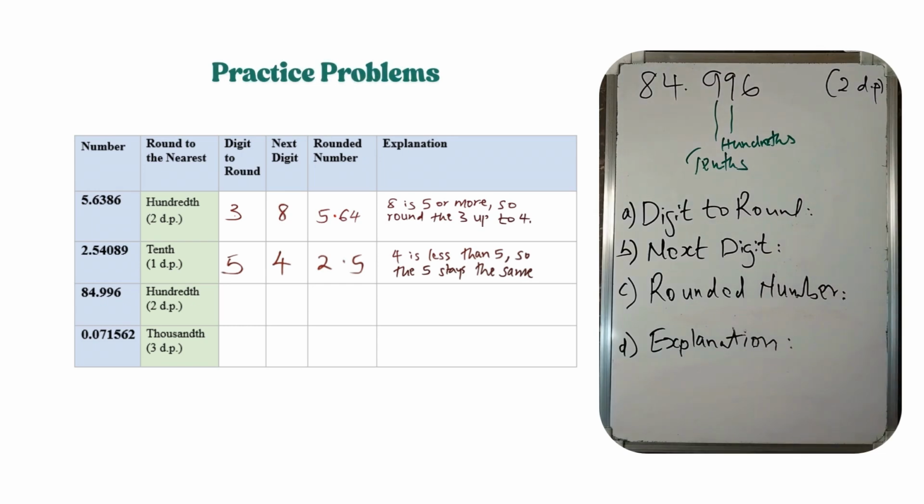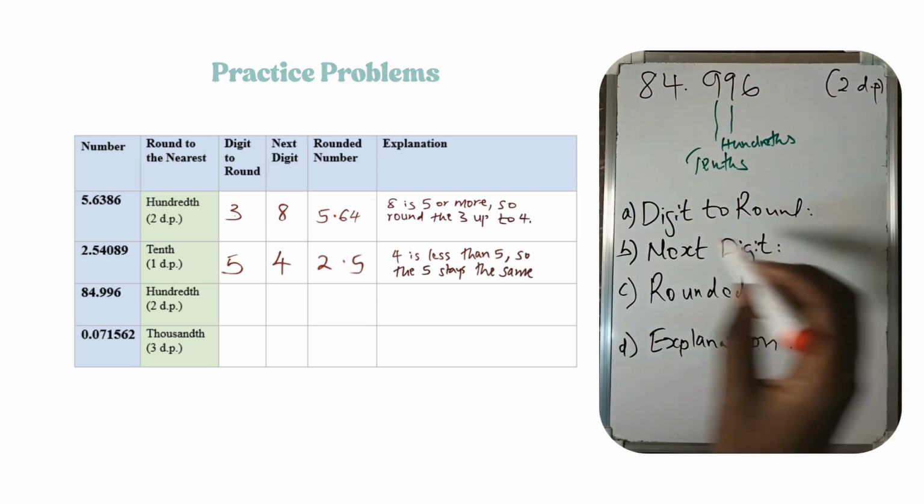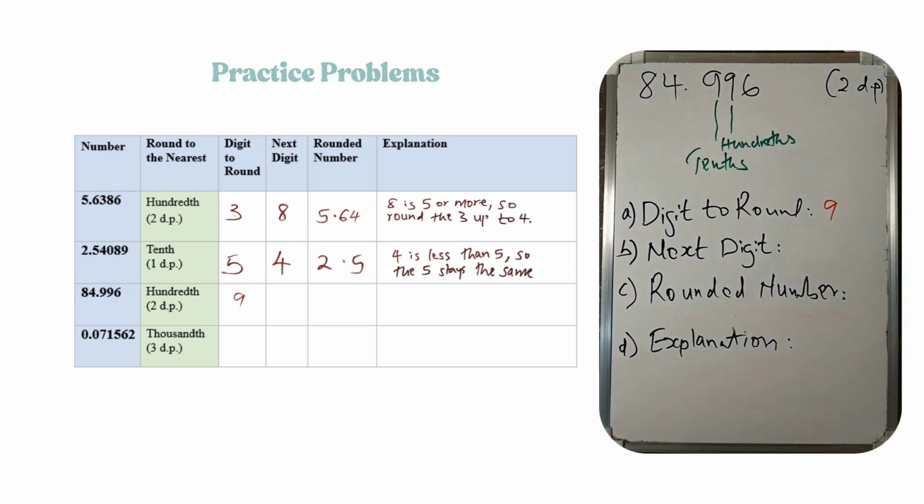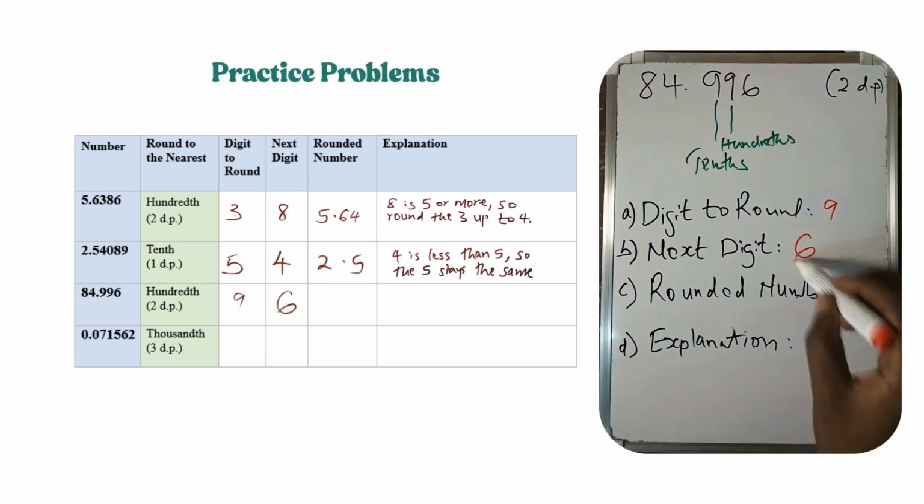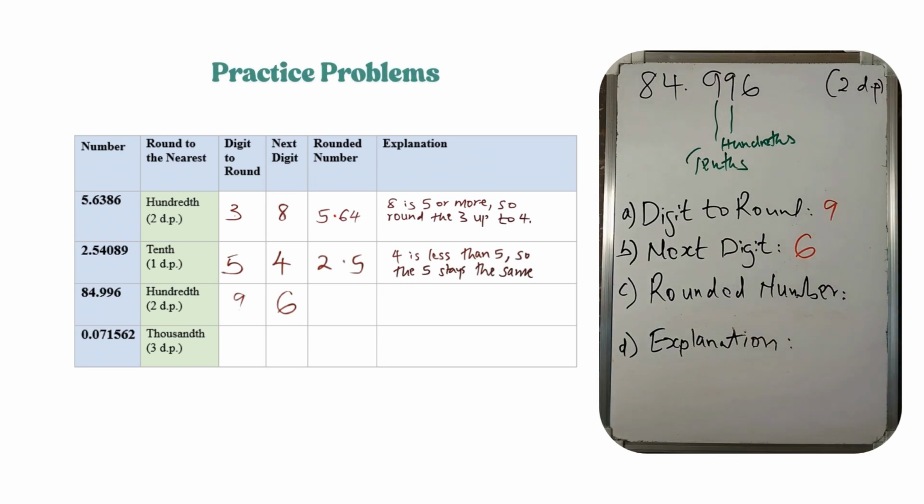Now, the digit to round is the digit on the hundredths, or the second decimal place. So that digit is 9. The digit to round is 9, and the digit immediately to the right of 9 is 6.